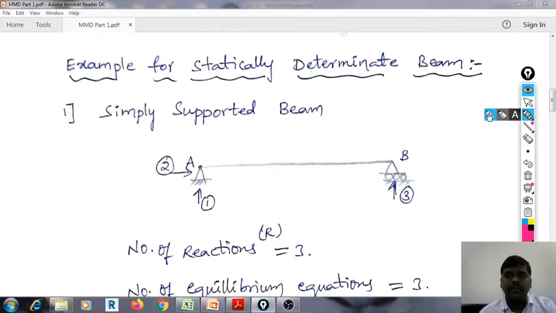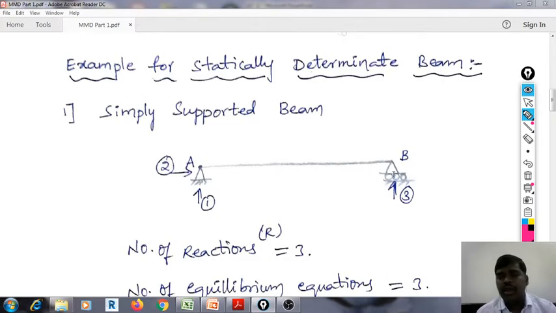When you consider joint A, it is a hinge support and we have two reactions, because it is a hinge support; that is the basic thing every civil engineer must know.